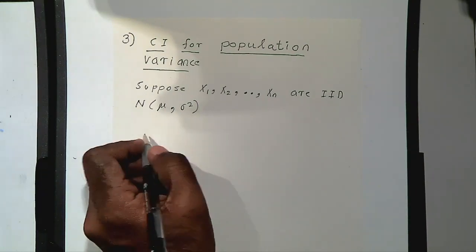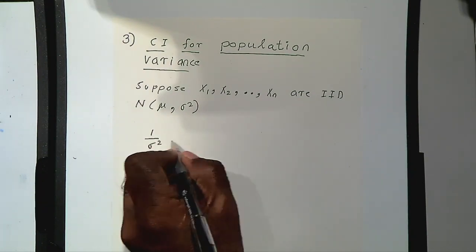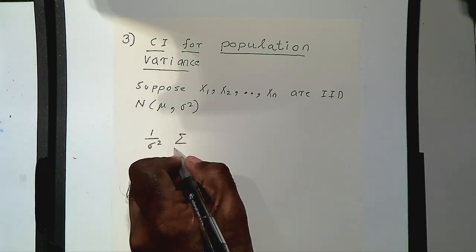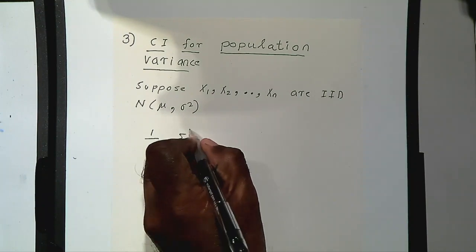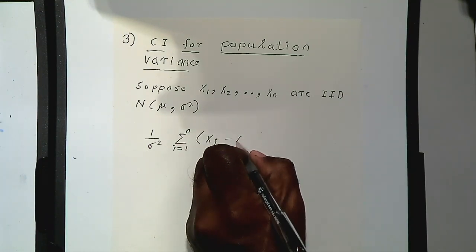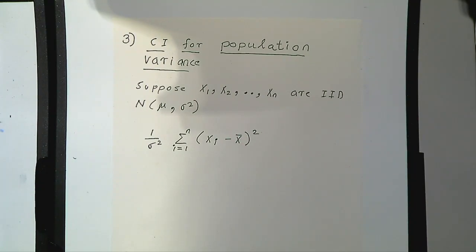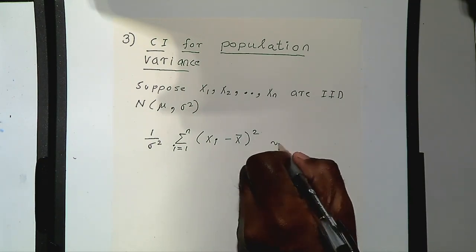Now, you must remember this because I will be disappointed if you don't, right? Because we did this some time ago. Can you tell me what distribution this has? Come on, guys. Chi-squared with, what's the degree of freedom?